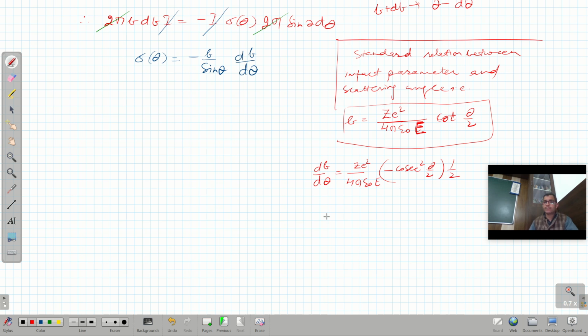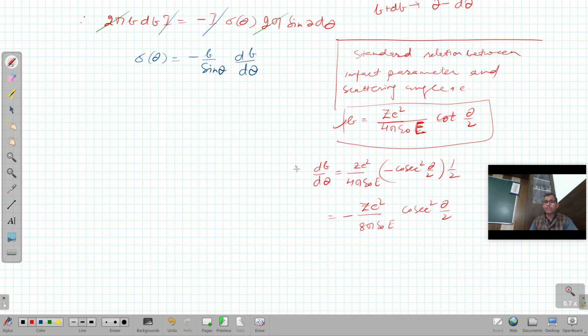This is the derivative of cot θ/2. So it will become minus Ze² over 8πε₀E cosecant square θ/2.